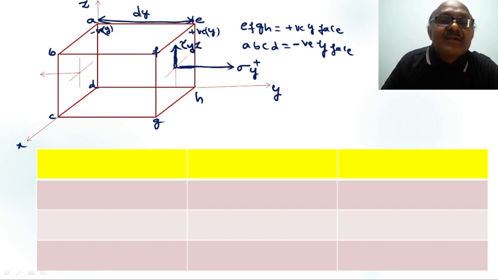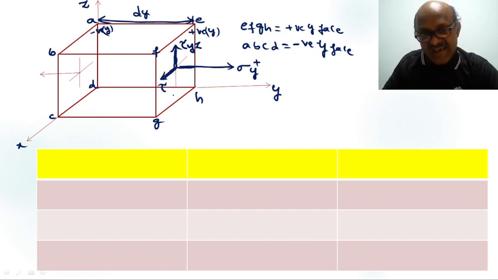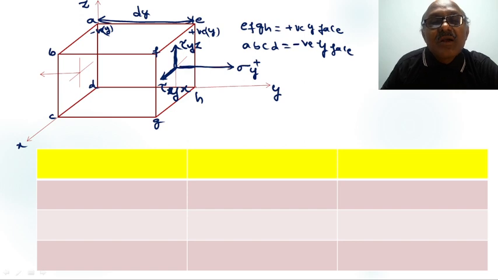Now coming to here, again there is a stress. This stress is parallel to this face, so this is a shear stress, but it is in the y plane, x direction. Excellent, my dear students, because all these are present on the positive y face.